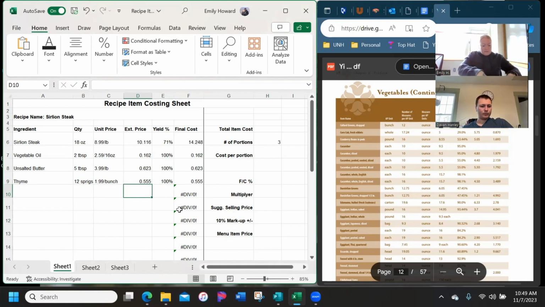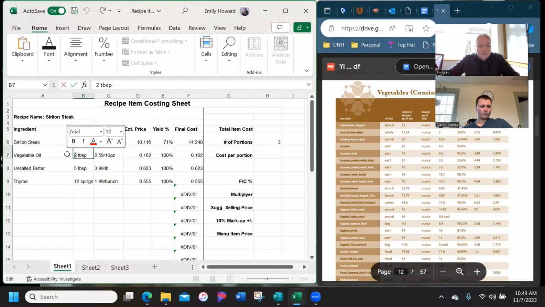Okay, all right, so let's go back to this. So it's 2 for 6 tablespoons of, what was that? Vegetable oil. And we're still doing 2.59 divided by 16, but instead of going by 1 ounce, it would be 3 ounces.